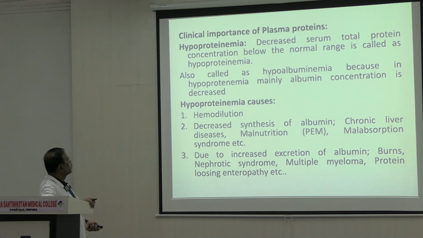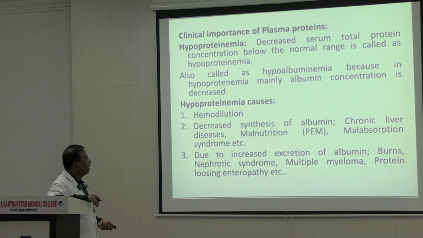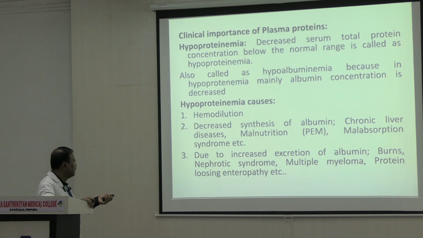Clinical importance of plasma proteins: hypoproteinemia. Serum total protein concentration below the normal range is called hypoproteinemia. It is also called hypoalbuminemia because mainly the albumin concentration goes down. Causes are hemodilution and decreased synthesis of albumin, like chronic liver disease, malnutrition, and malabsorption syndrome.